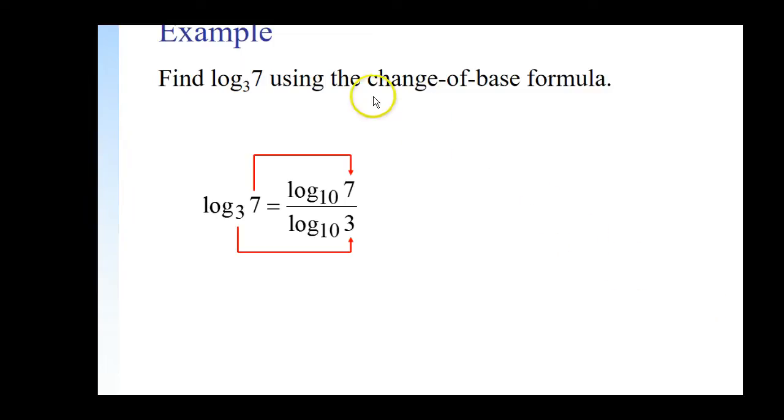Now, here they're giving us a particular example where it's log base 3 of 7, and we want to find what it is. Well, how do we write it? Again, we would go in our calculator, and in fact, if you wanted to write it out, you would just write it out as we did. Make this base 10, and then take the answer, put it in the numerator, and then the base you put in the denominator.